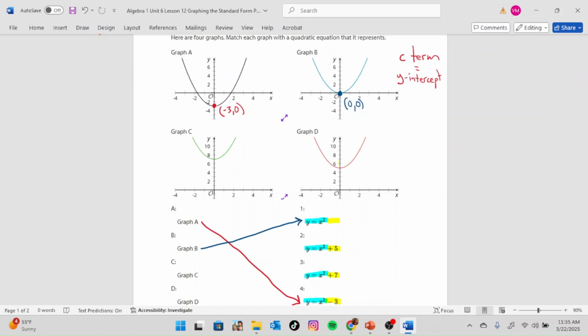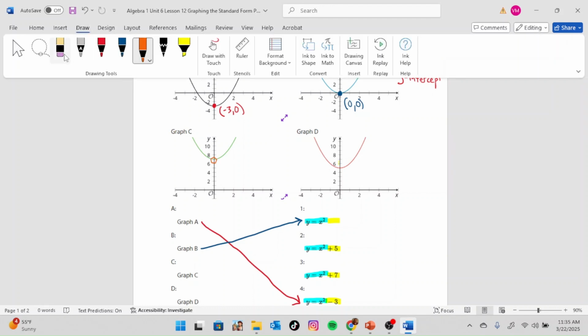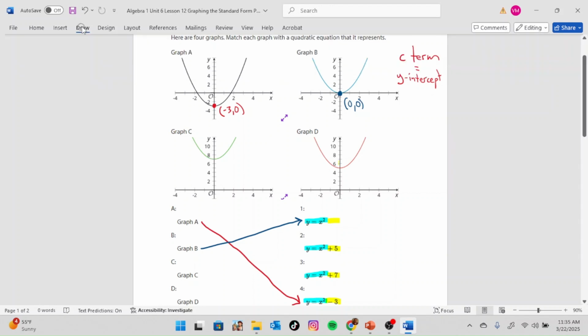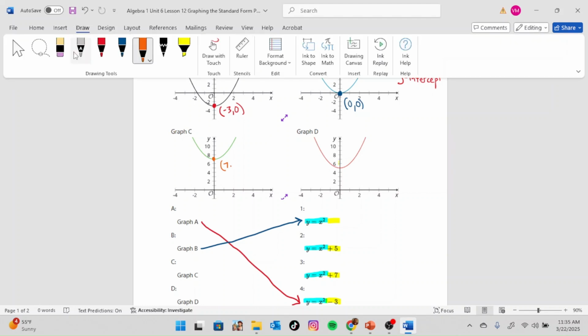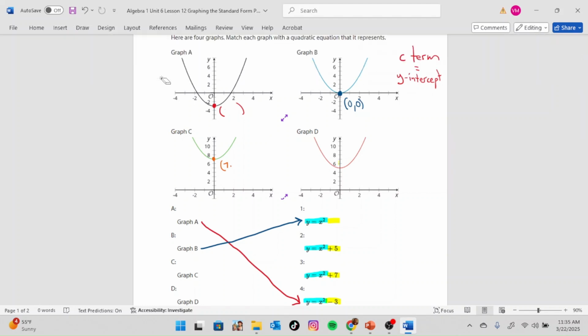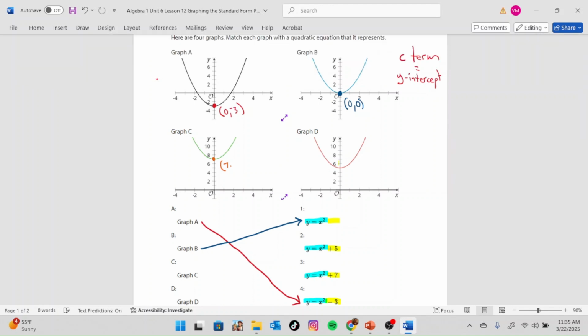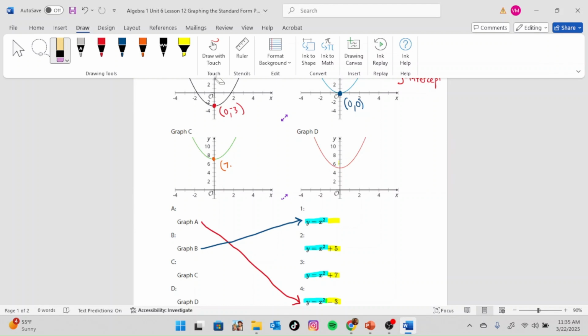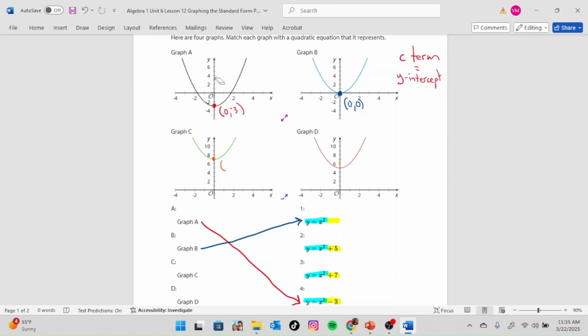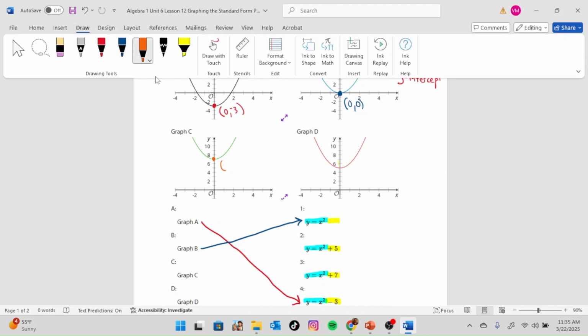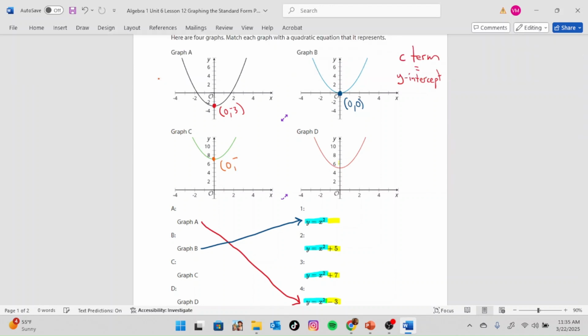Graph C, we can see the y-intercept right here at 7. Oh, I wrote all of these backwards. This is 0, -3, 0, 0, and 0, 7.